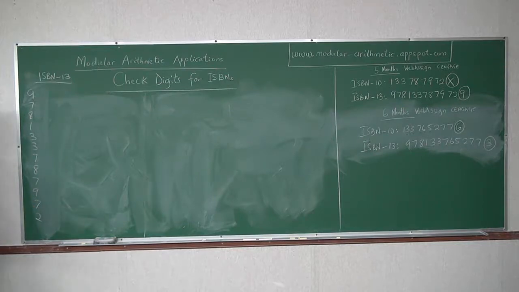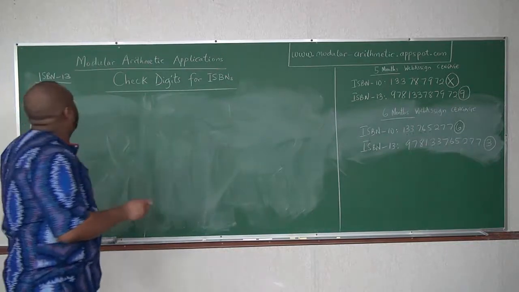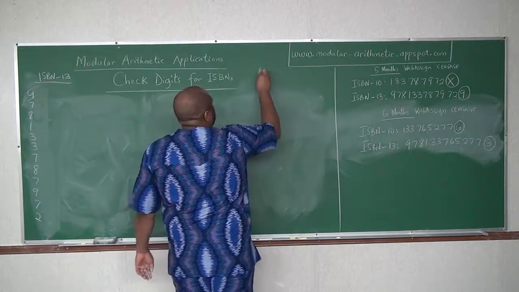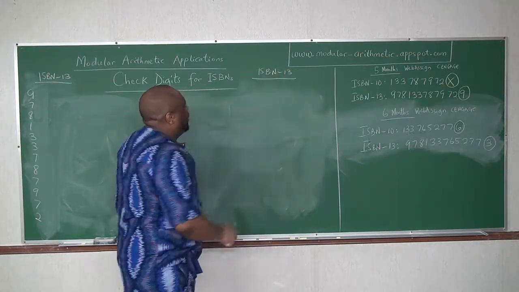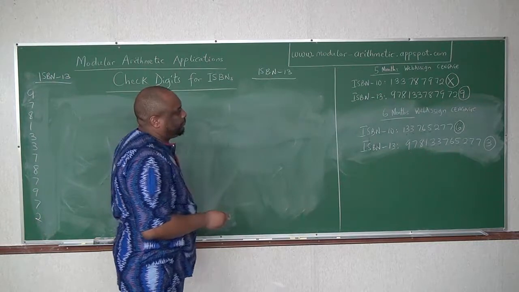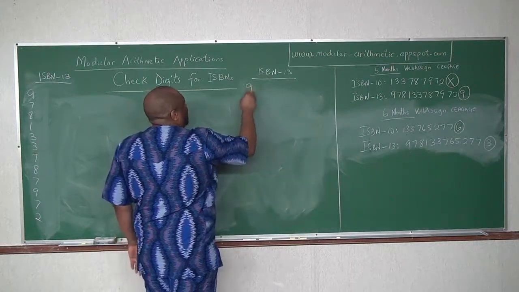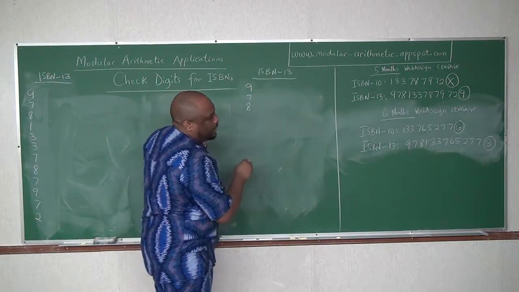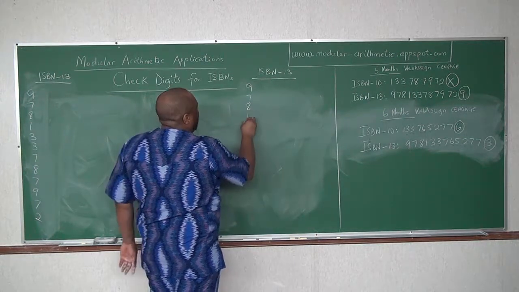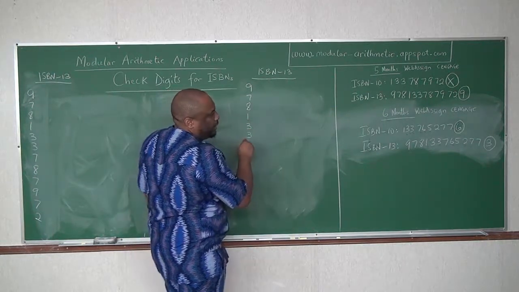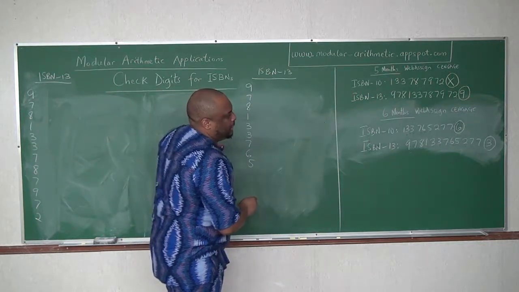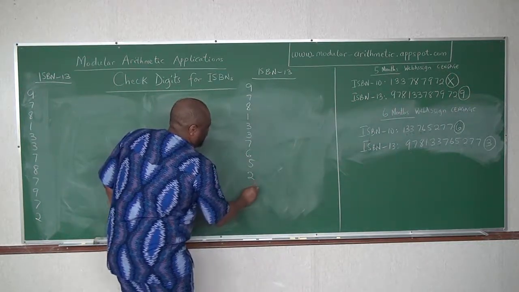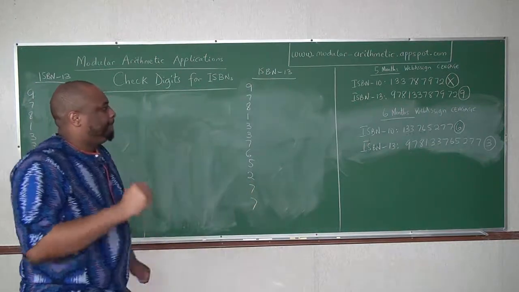And the second one here, we have 978, 133, 765, 277. Okay.